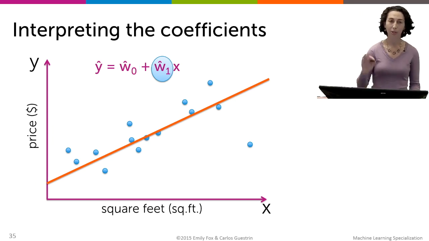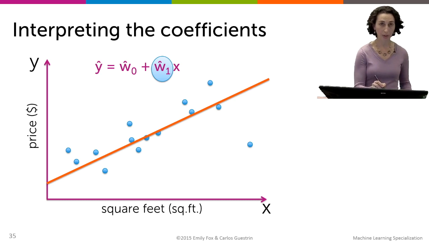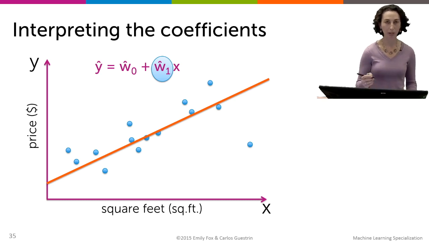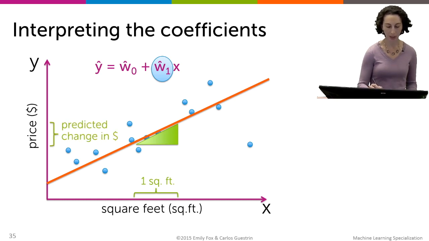Okay, we'll talk more about that in the next module, but I also want to talk about w hat 1, which is our estimated slope, and that tends to have a bit more meaning associated with it. The estimated slope, which I'm highlighting with this green triangle here, says that per unit change in our input, so for 1 square foot, what's our predicted change in the value of the house.